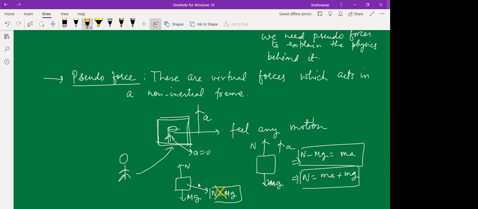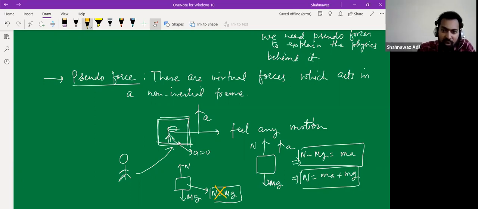So that is why Newton's laws of motion are not valid, and we have to assume some pseudo forces. For this person, the pseudo force is acting downwards.